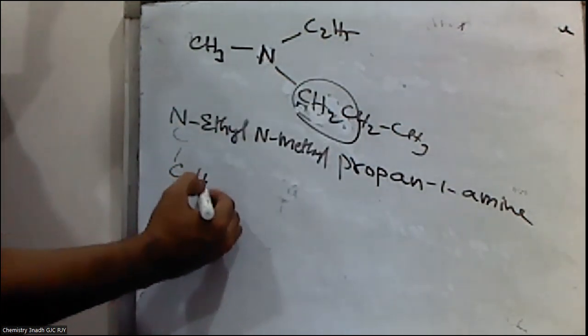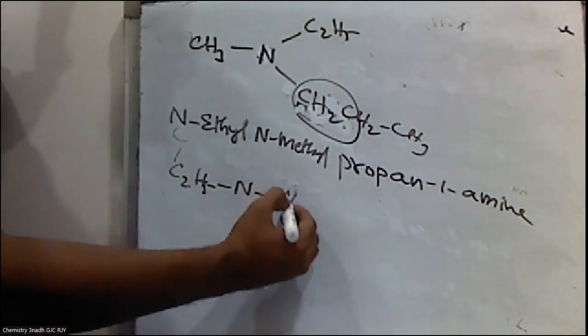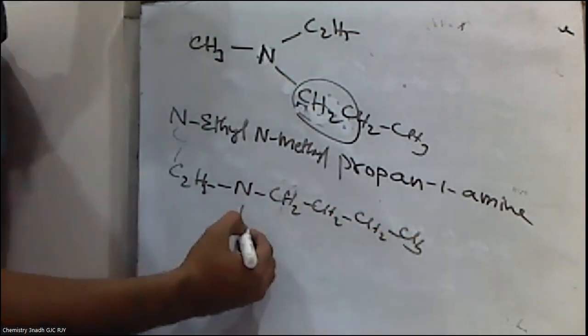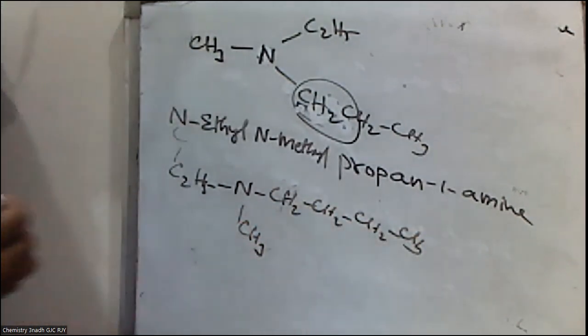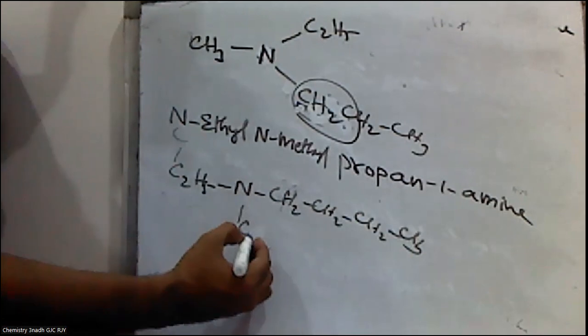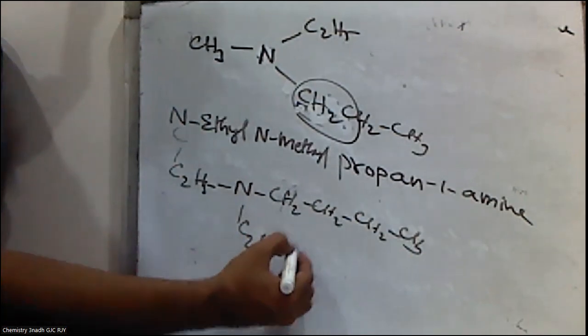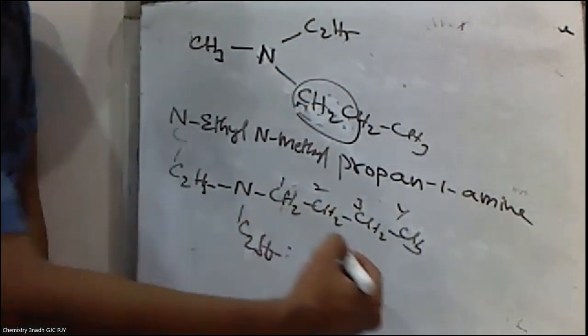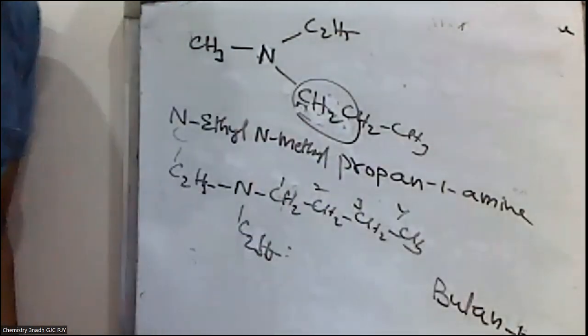Let me take one more example. C2H5, N, CH2CH3, here CH3, and this C2H5 also. Now, what is its name? There is a 1, 2, 3, 4. This is the longest carbon chain. That's why it is butane-1-amine.